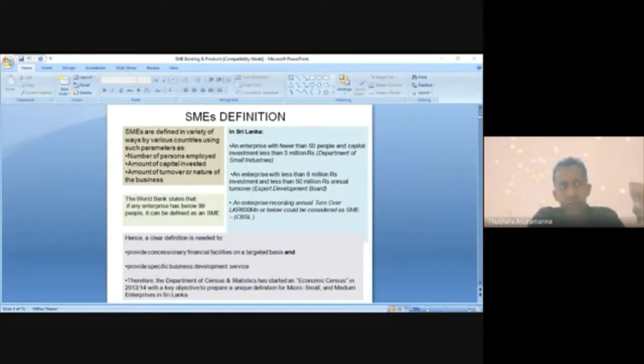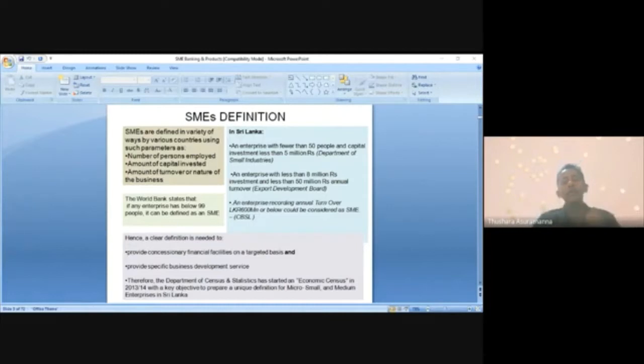So the first one is: what are the criteria? There are 3 criteria, and there are several definitions, and the current definition is 750 million or below. And again, as I was telling, there is no hard and fast universal definition across the world to define SMEs. So that's why we also have different definitions from time to time.